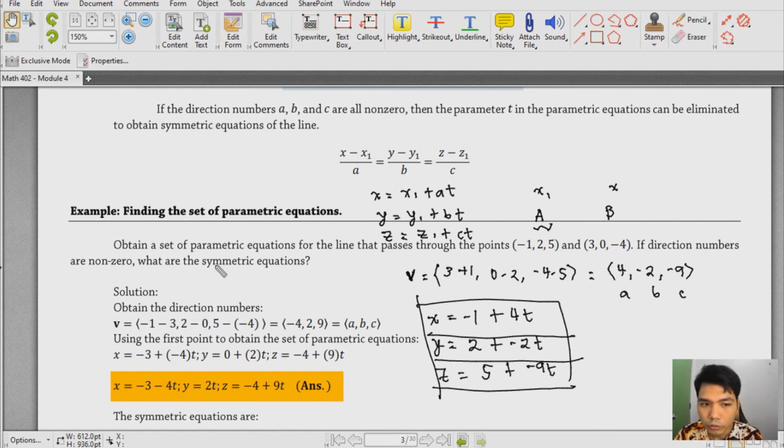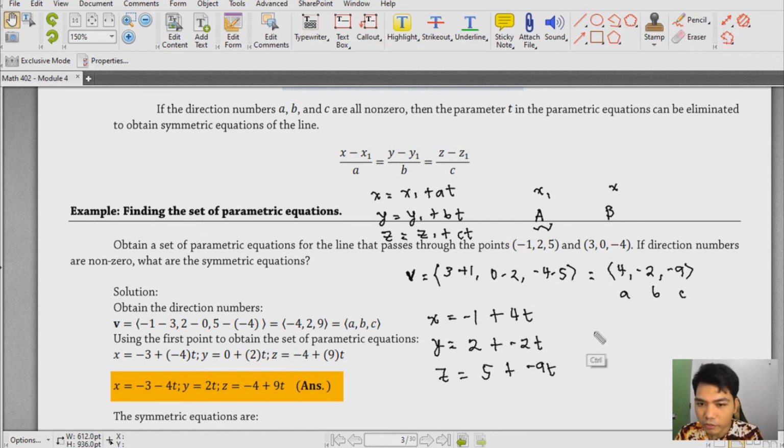And then if you want to determine the, actually the question is what are the symmetric equations pala. So hindi pa pala ito yung sagot kasi these are the parametric equations. So pag symmetric equations naman, so you can just represent lahat ito in terms of t. So parang t is equal to t is equal to t from each x, y, and z. So therefore, diba this one, t would be equal to x plus 1 over 4. So ganon.